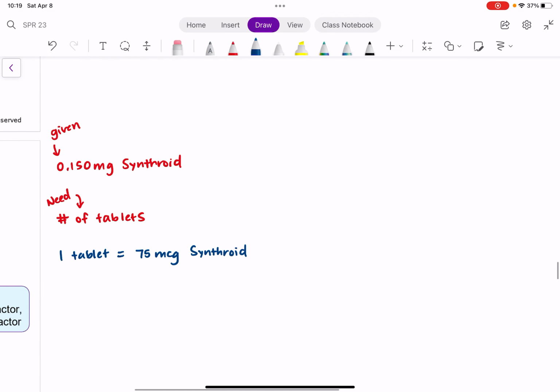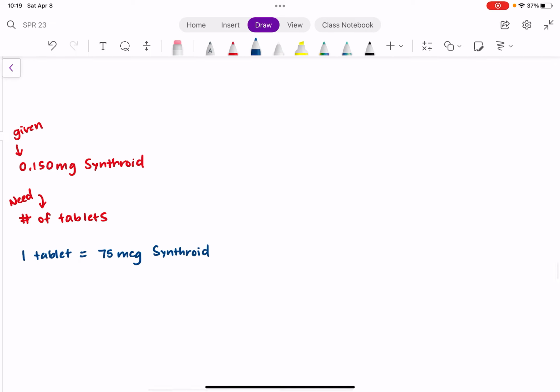I'm going to scooch this over. We are given milligrams of our medicine, Synthroid, and we want to get to tablets. What connects milligrams and tablets in this example? Let's go milligrams to tablets. Can we go directly from milligrams to tablets?